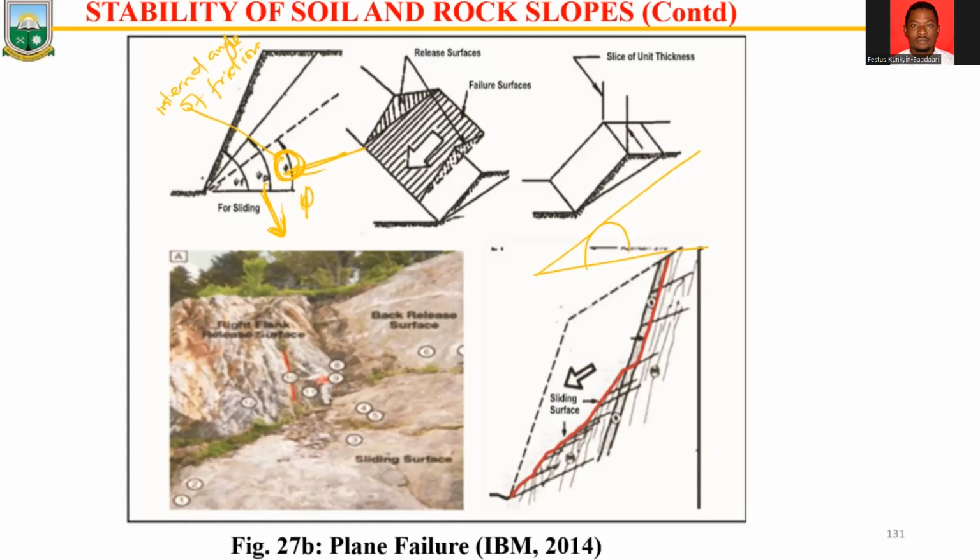Then you also have already designed, per your mine planning and design, depending on those internal angles of friction and other material properties you established, your pit slope. That is what we call the slope face, and the angle of that slope is this one, which we denoted as SF, the slope face angle.